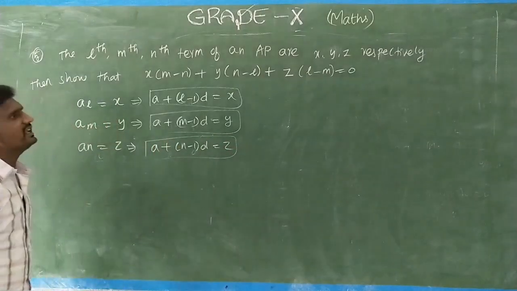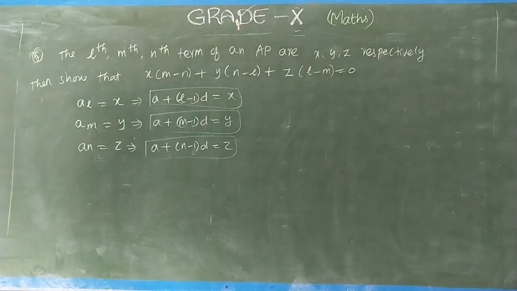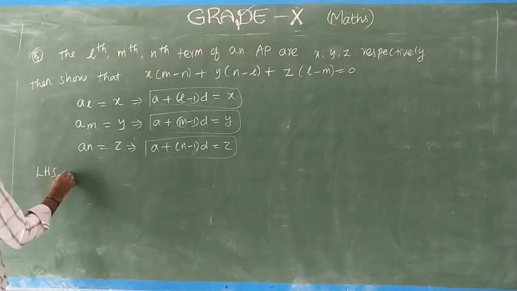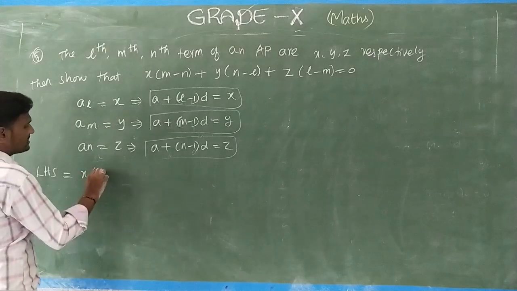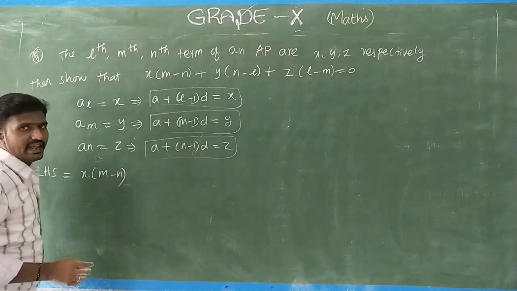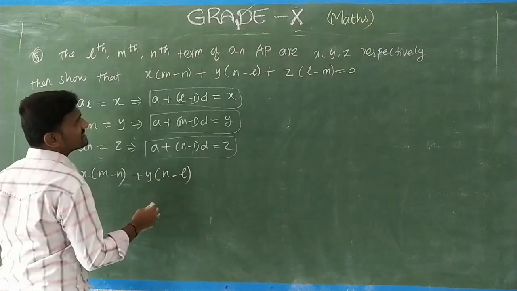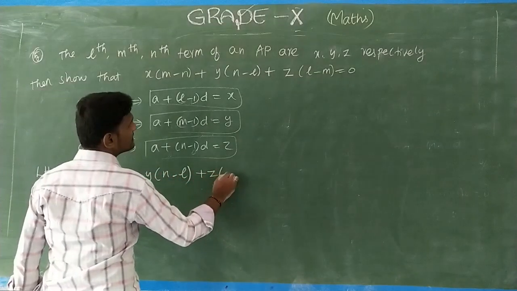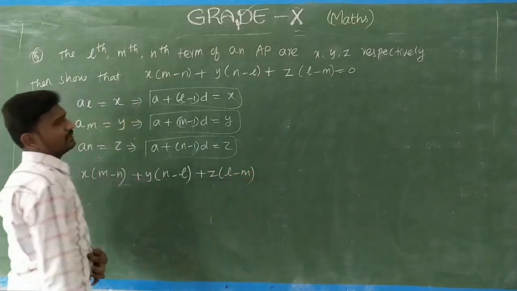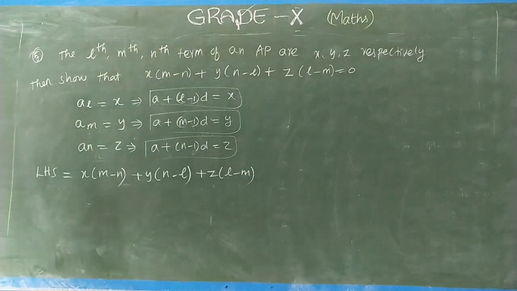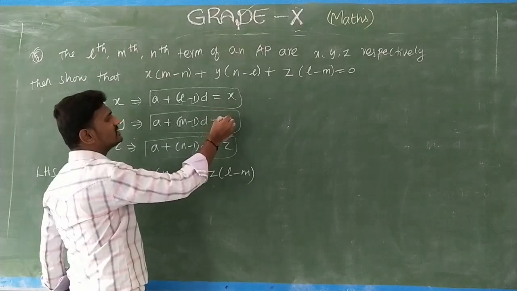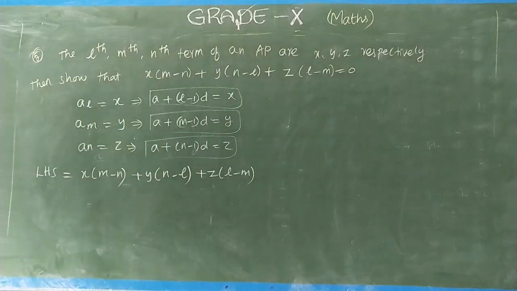So from the three, I am going to substitute now for proving. Okay. Now take the left side. So this is x into (m minus n) plus y into (n minus l) plus z into (l minus m). For that, I am going to substitute the values of x, y and z. To get x equal to what, student?